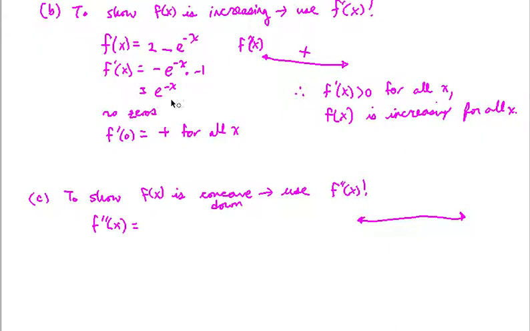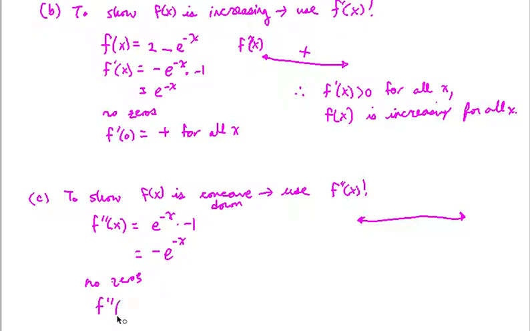Okay, so here's f prime of x. If I differentiate that, I get e to the minus x times minus 1 using the chain rule, which gives minus e to the minus x. Okay, what are the zeros of this? Well, there are no zeros again. The only difference is that now it's flipped, so it's negative.